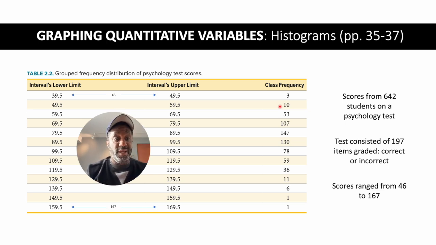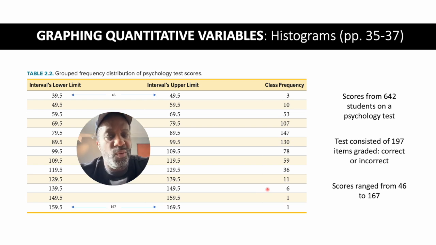We can tell very quickly that each bin is 10 wide. Three students got the lowest scores between 39 and 49. One student got the highest score between 159 and 169, followed by another student who got between 149 and 159.